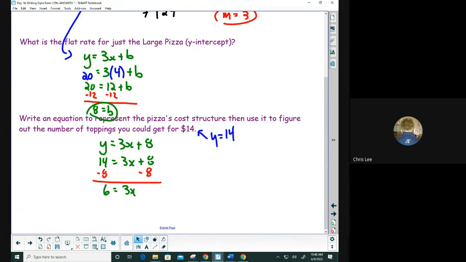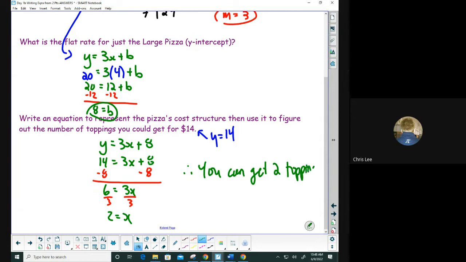It's $3 a topping. So what do I gotta do? Divide by 3. $6, $3 a topping. How much are you left with? That's right. So therefore, you can get 2 toppings for $14.